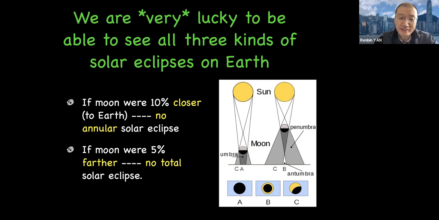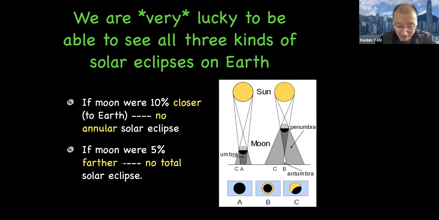On the other hand, if the moon were just 5% farther away from the Earth, if we make the lunar orbit 5% bigger, then we will never be able to see a total solar eclipse. So we're actually very, very lucky that the current moon's orbit happens to be at the right distance, so we can see all three kinds of solar eclipses.